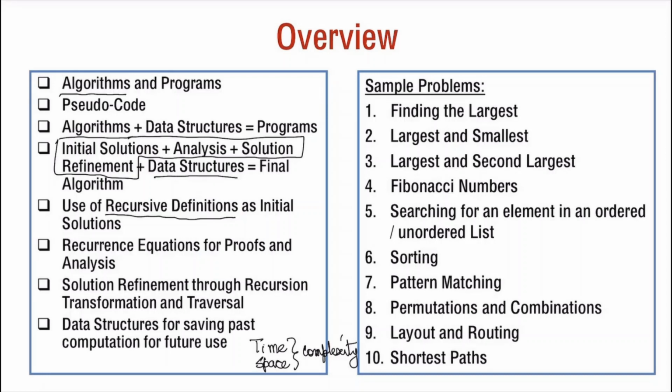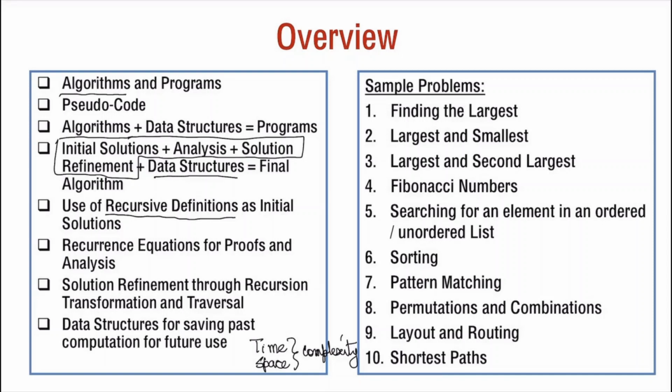Then we shall see how this solution that we have defined initially can be refined by understanding how the recursive definition unfolds and how we can traverse it efficiently to form our efficient algorithms. Data structures are used to store past computation in a manner that it can be effectively reused without the need for recomputation.